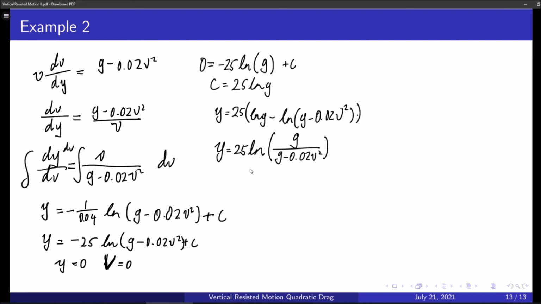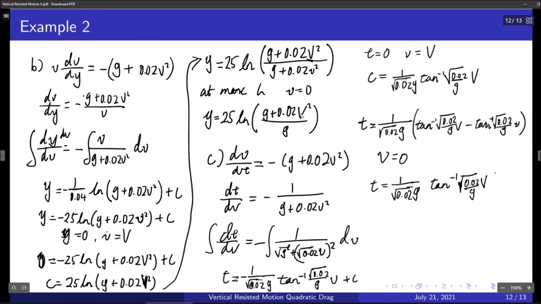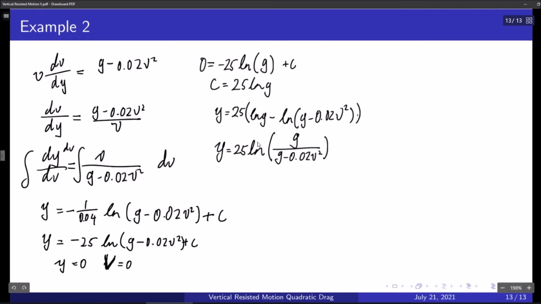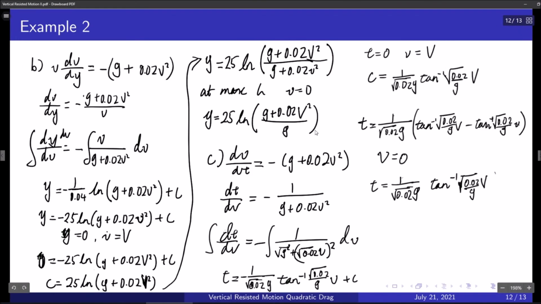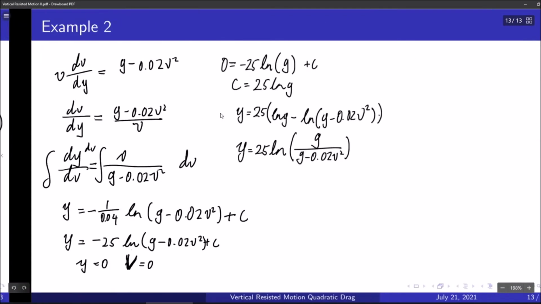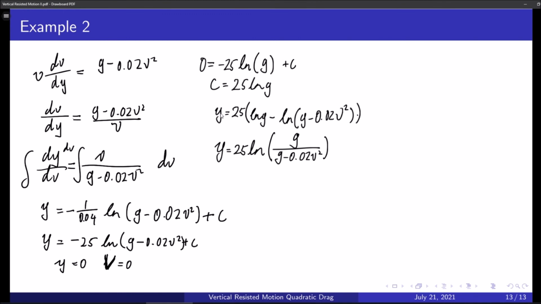So we can find a velocity that causes the displacement to be the same as the maximum height.